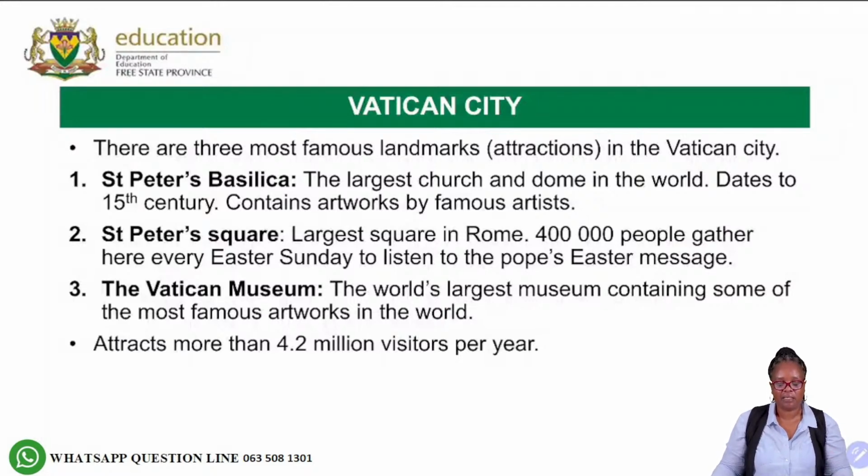Then the second famous landmark that we find in Vatican City is St. Peter's Square. St. Peter's Square is the largest square in Rome. It can take more than 400,000 people.